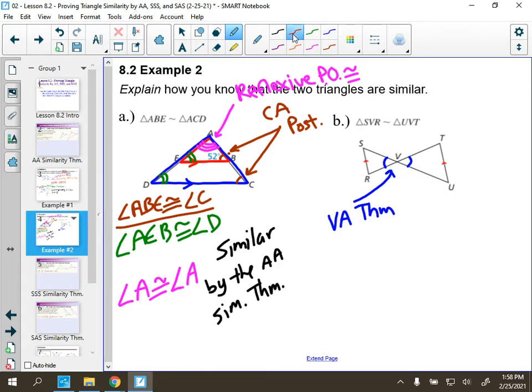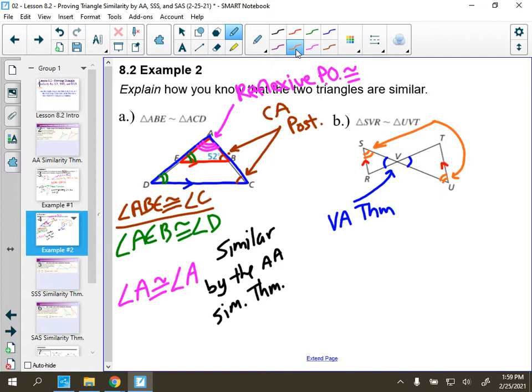They're not giving me this parallel just for fun. It's there because it's expecting us to use some of those parallel line theorems from chapter 3. I'm going to go here with angle S being congruent to angle U. And as long as I can come up with those names, we would say something like angle S. If you're working in pencil, it's hard for me to distinguish, so I need to see a little bit of what you're saying.